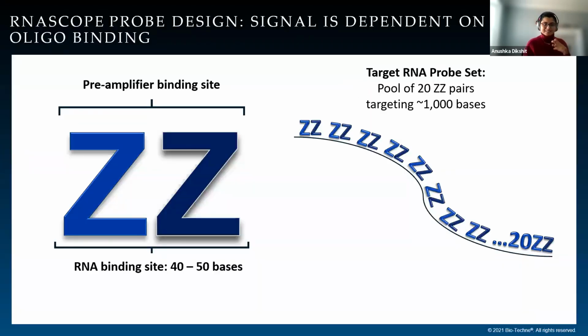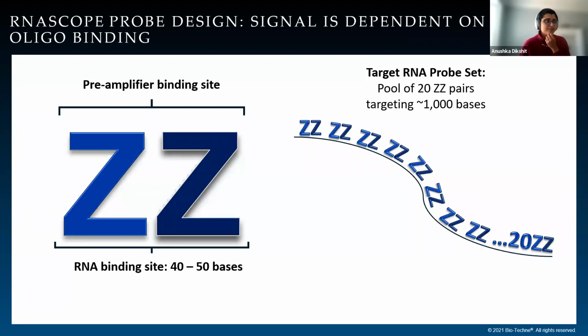The way we design our probes is extremely unique. I will go into the details of our amplification strategy in the next slide, but here I wanted to bring your attention to the way we design our probes. Here our probes are depicted as a Z molecule, and the way we design our probes, we have about 20 pairs of these probes that make up a single probe sequence that we use to target a target mRNA.